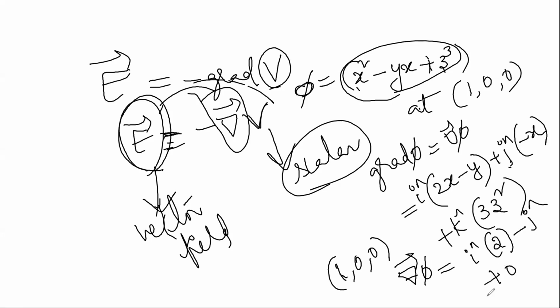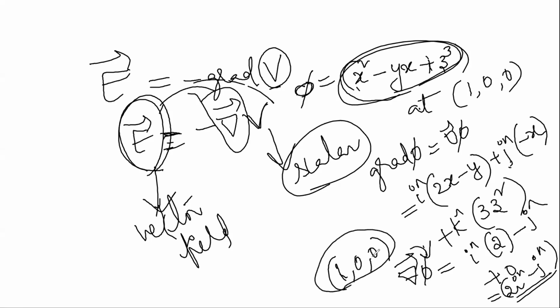That is 2i minus j cap. See, this is a vector. I have got a vector when operating gradient on a scalar function which is given as x square minus yx plus z cube, at a particular point 1, 0, 0. This is the reason we use the gradient function to transform our scalar functions into vector functions.